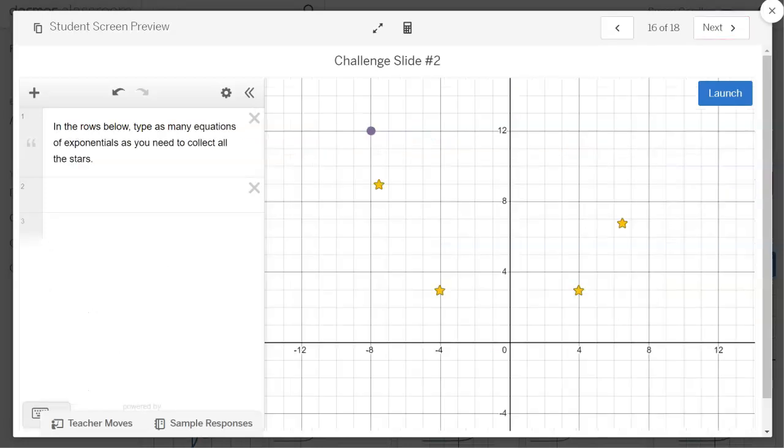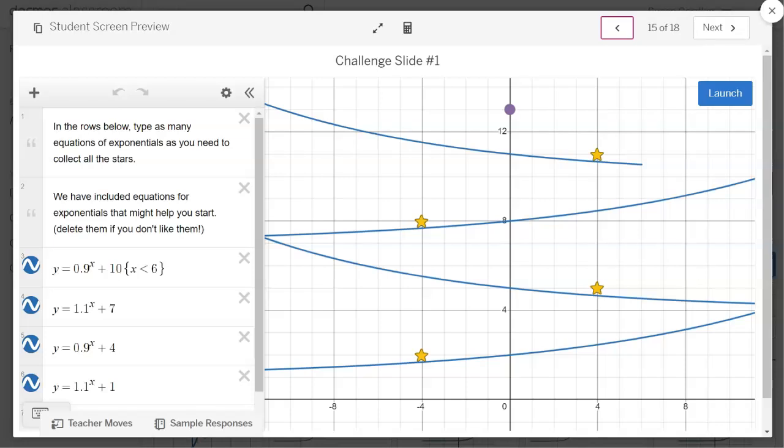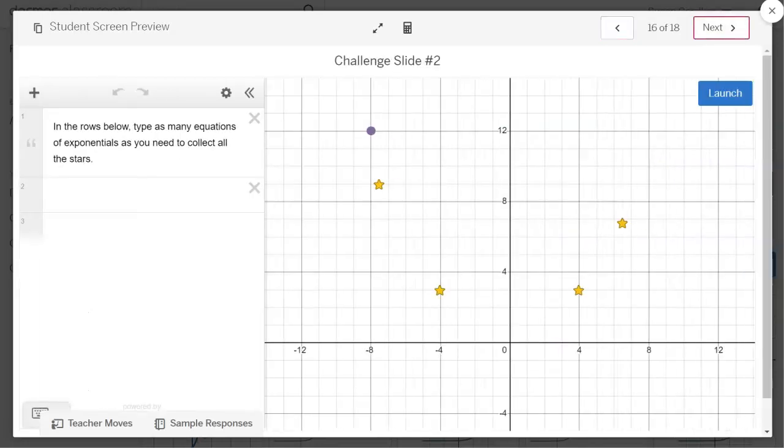Now this one is blank, so they have to type their own exponentials, and they may need to limit the domain for each one. So just like there were a bunch of equations here, they may need a bunch here. And I do tell them here exponential equation, so that should have something with an x in the exponent.